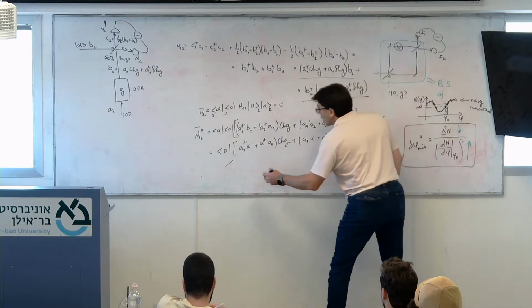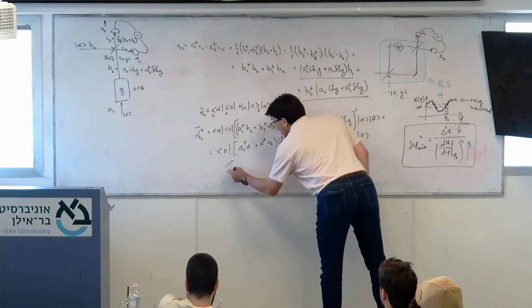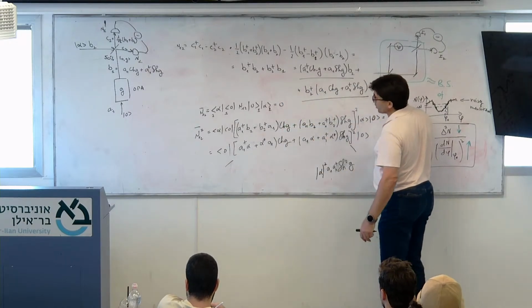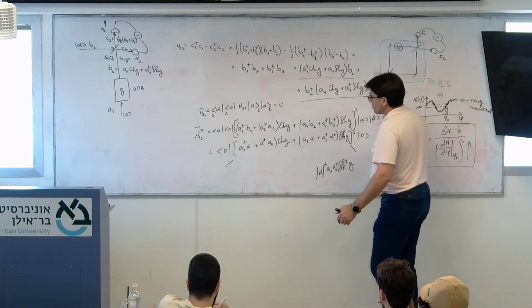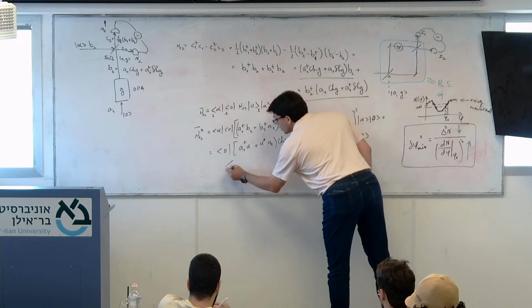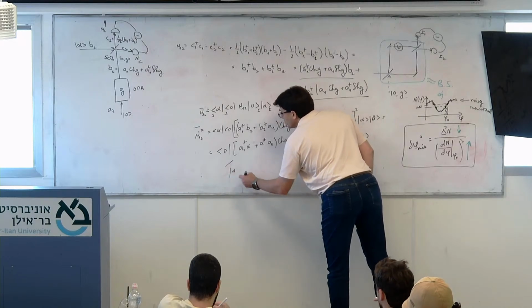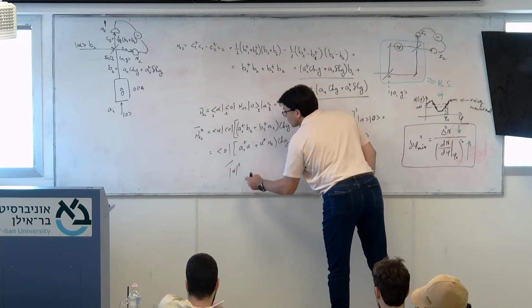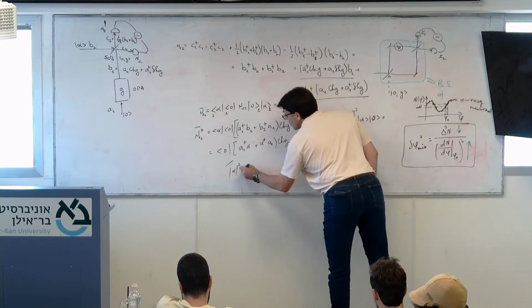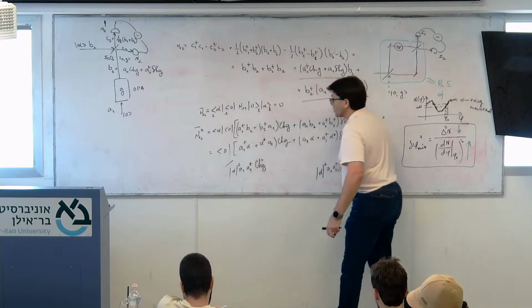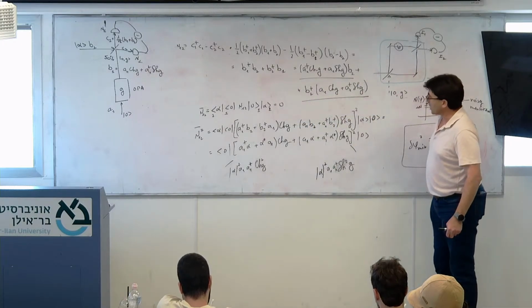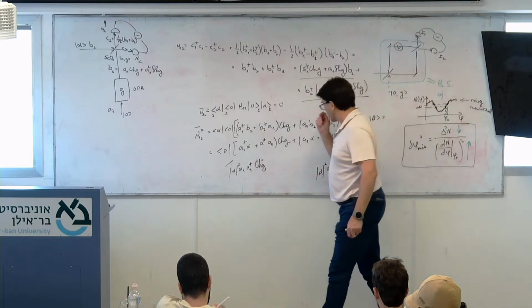Out of here, again, the only term that will contribute is when we square this. So we will have from here also alpha absolute value squared A1 dagger hyperbolic cosine squared. And then there's going to be a mixing term.